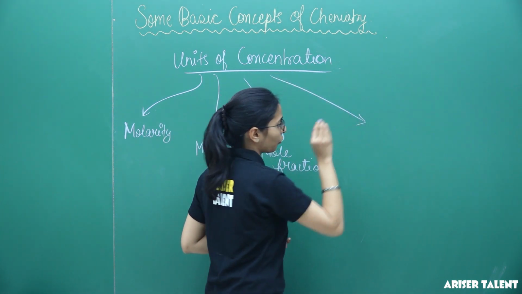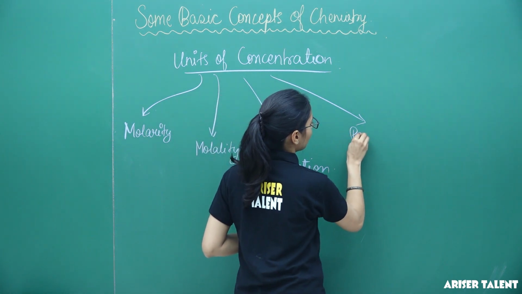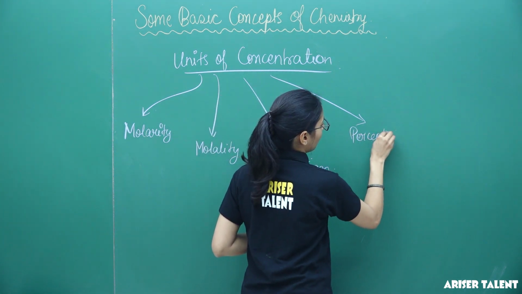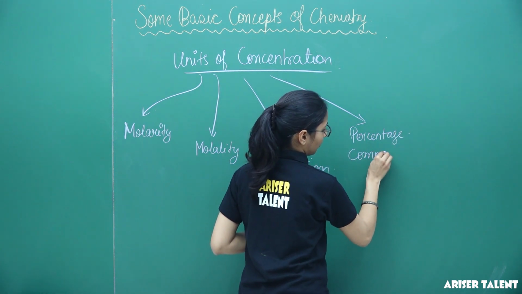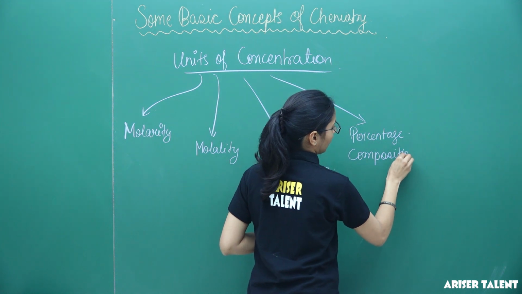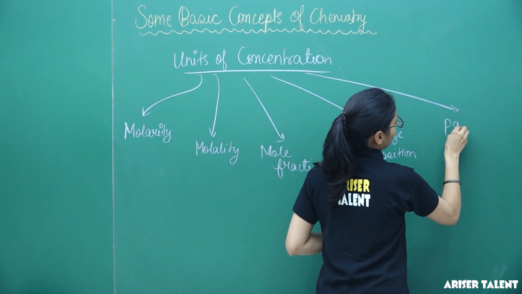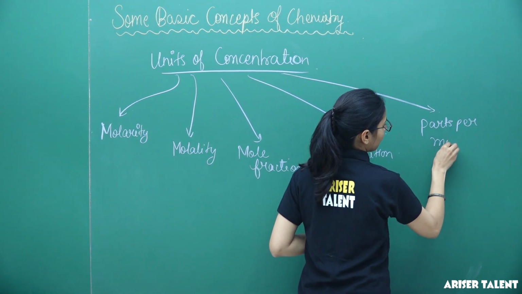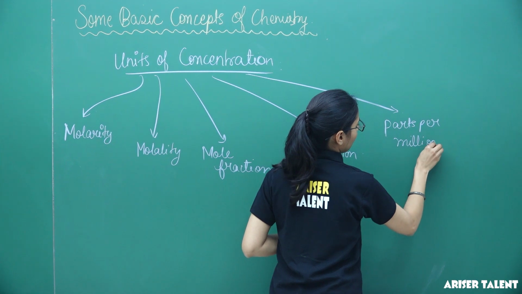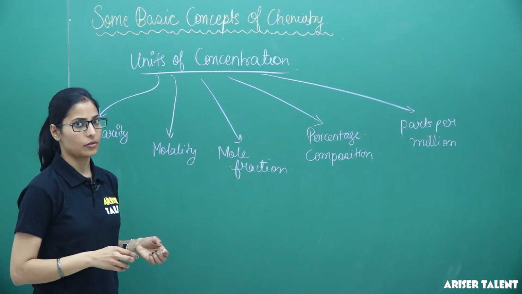Fourth one that we will be studying today in detail is percentage composition. And the final topic is parts per million. Okay. So, these are the 5 important units of concentration.